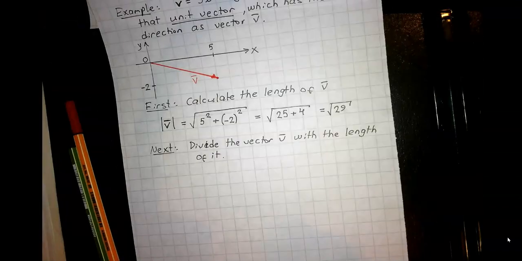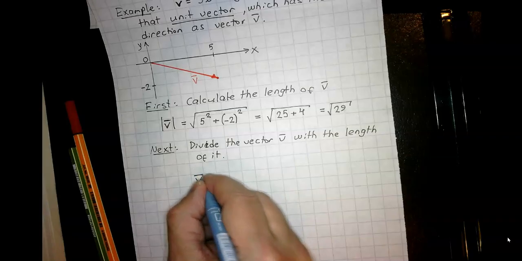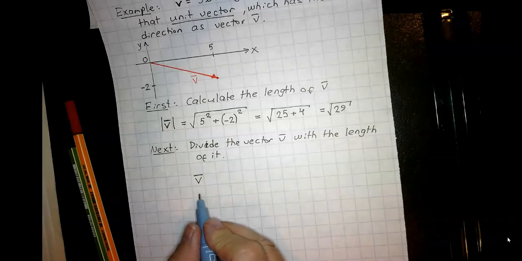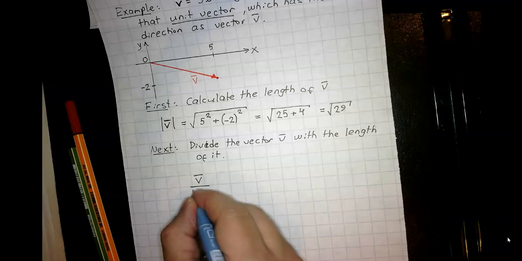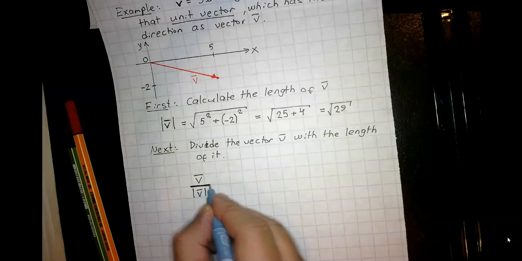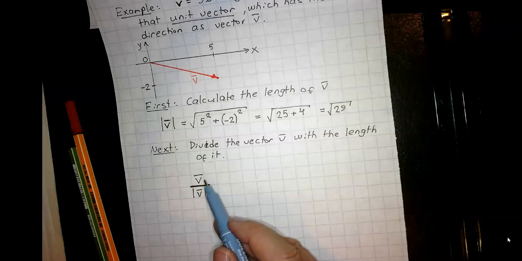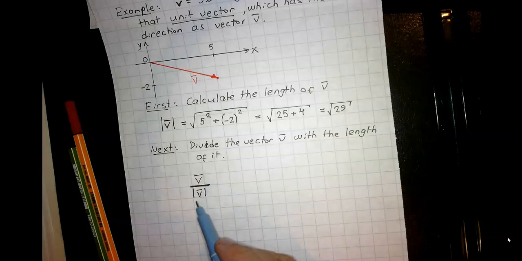So that means we will divide this v vector by the length of v vector. As you see, the notation is very important. It is a different thing to have v and this absolute value of v.